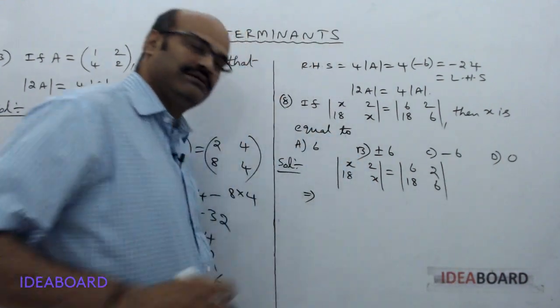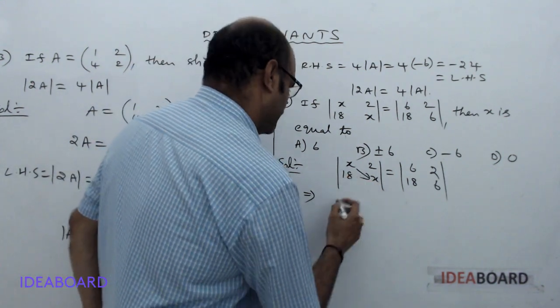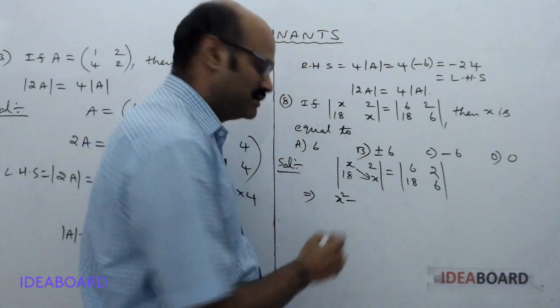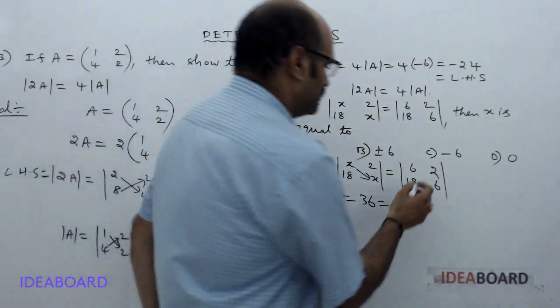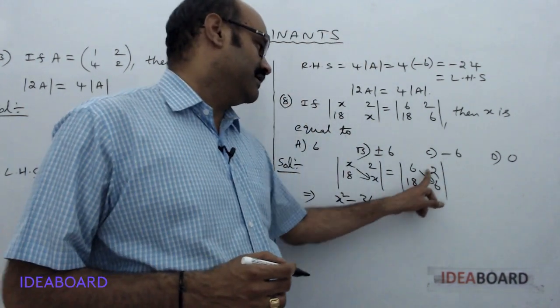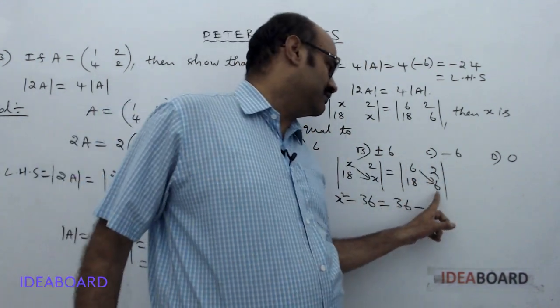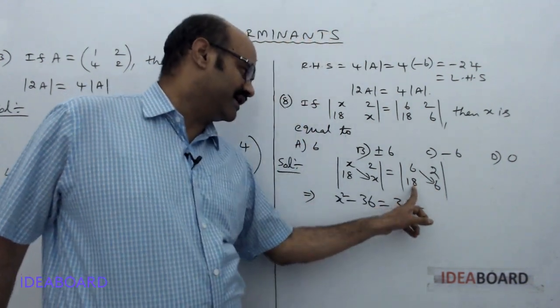It implies, now here we have to take x into x, x square, minus 18 into 2, 36, equals 6 into 6, 36, minus 18 into 2, product of principal diagonal elements minus product of secondary diagonal elements.